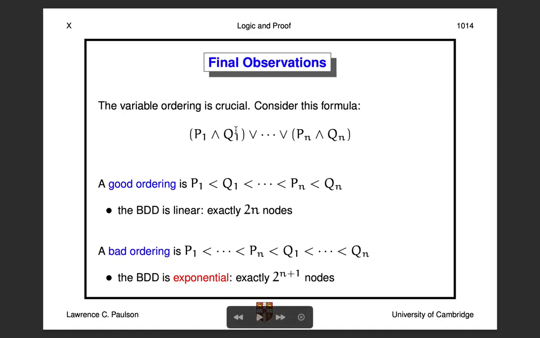If either one is false, you continue to a test on P2 and Q2. If both of them are true, you go down to 1. If either one of them is false, you continue to P3. In other words, each of our variables, P1, Q1, etc., needs to be tested only once, and we can determine the truth value of this formula in every case.